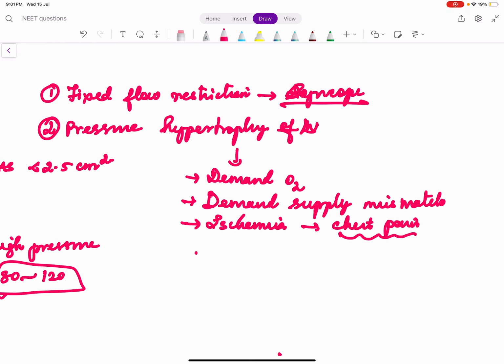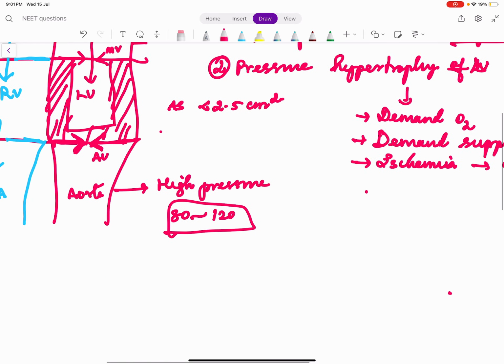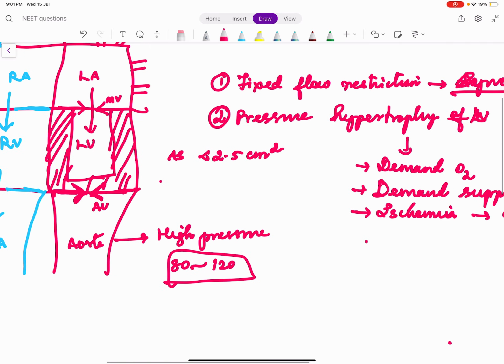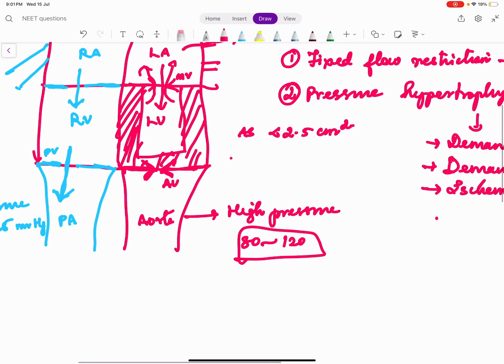So that was syncope and chest pain. Now, even though the LV tries to hypertrophy, it cannot push all the blood into the aorta through the stenosed aortic valve. So some amount of blood will go back into the left atrium by back pressure. The back pressure gets transmitted to the pulmonary veins and the pulmonary capillaries, and the capillaries leak out, leading to pulmonary edema.